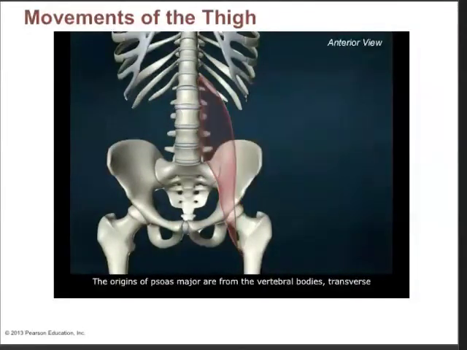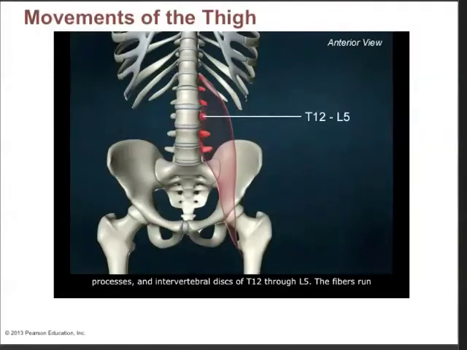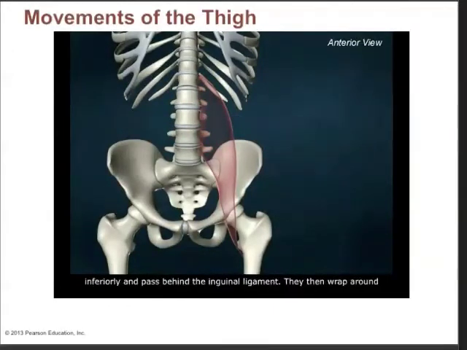The origins of psoas major are from the vertebral bodies, transverse processes, and intervertebral discs of T12 through L5. The fibers run inferiorly and pass behind the inguinal ligament. They then wrap around the femoral head to insert onto the lesser trochanter.